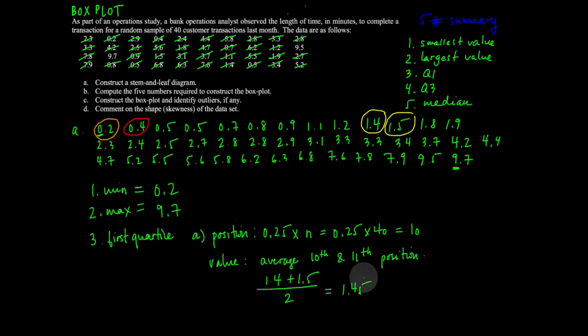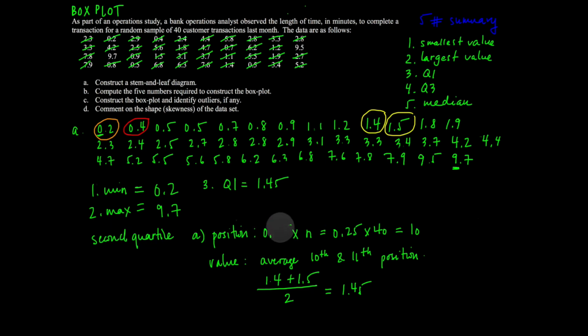So let's repeat the process for Q2 and Q3. So I'm just going to write it out up here. Q1 is equal to 1.45. And I'm going to repeat the process below here for the other ones, okay? So let's remove this. Let's do the second quartile.